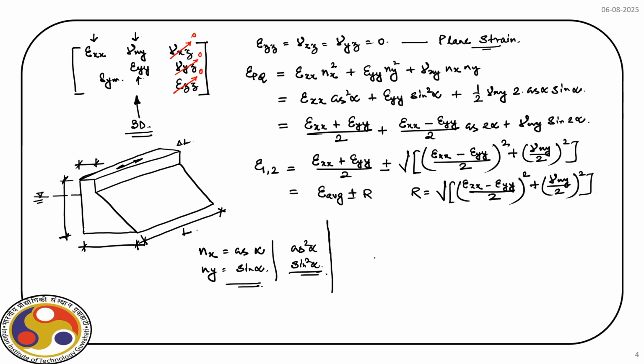So, if we draw the block diagram, it is a 2D problem. We have again epsilon xx, then gamma xy, and epsilon yy.